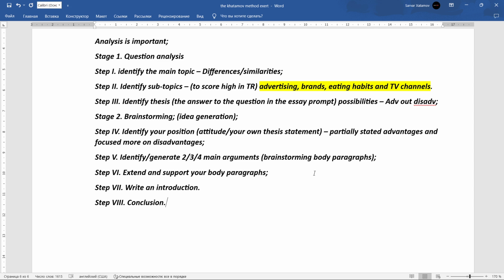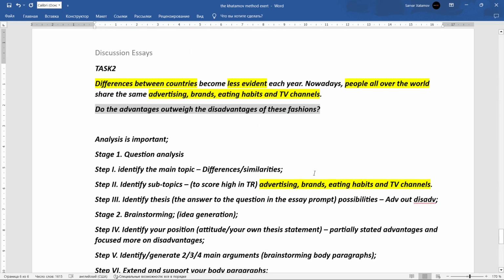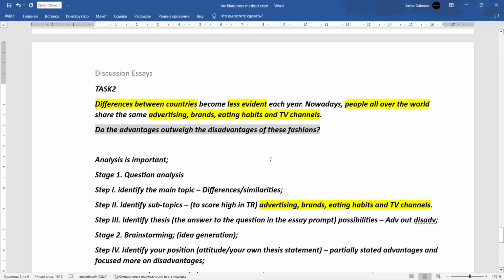Why? Because body paragraphs are, in fact, what the examiners are going to check thoroughly. They're going basically to assess how well you can present arguments, how relevant your arguments are in the framework of this particular essay question, right?